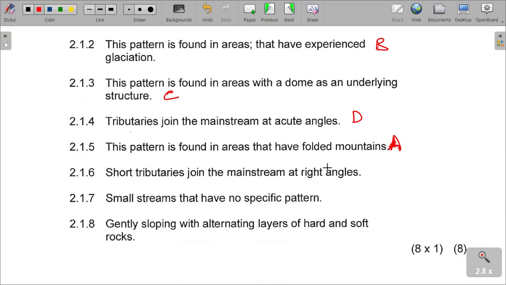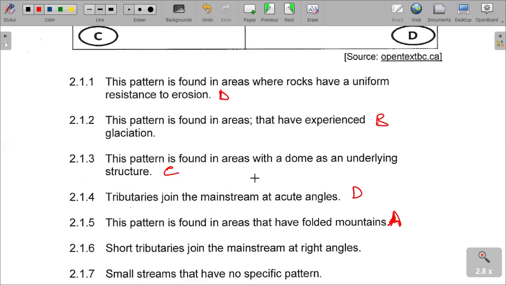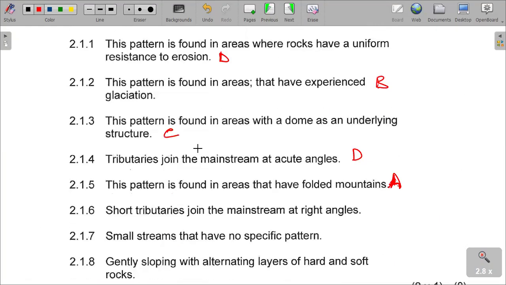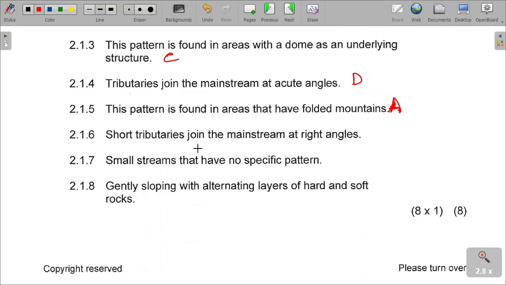And then short tributaries join the mainstream at right angles. We can see there is a right angle here, there, and there. So the tributaries join the mainstream at right angles. It is in the pattern A.